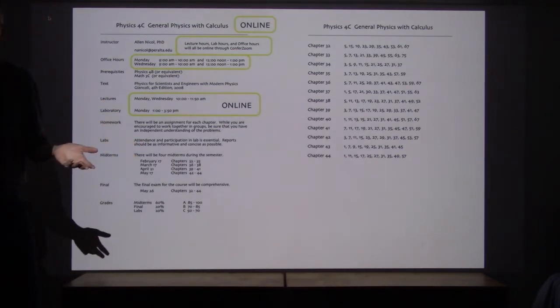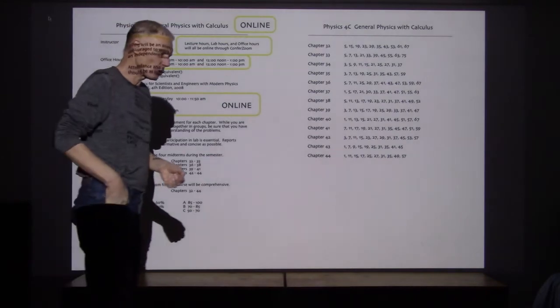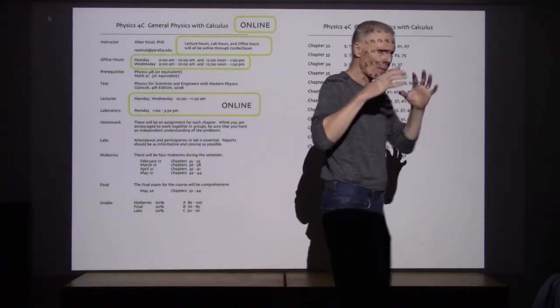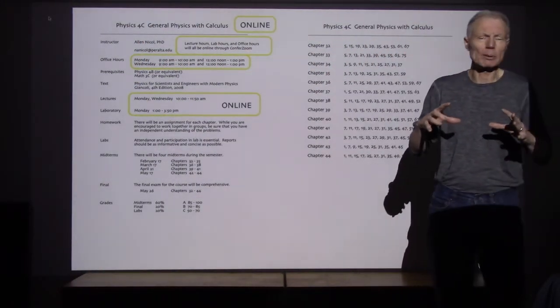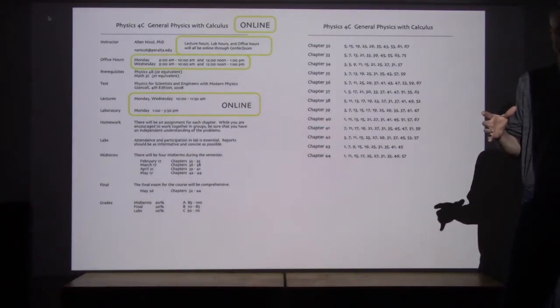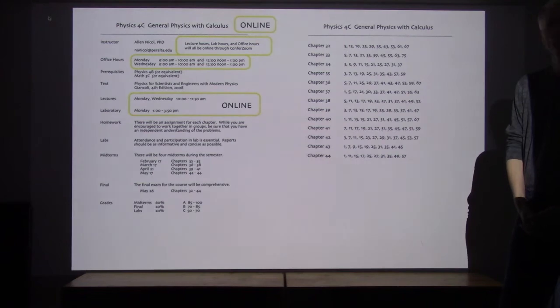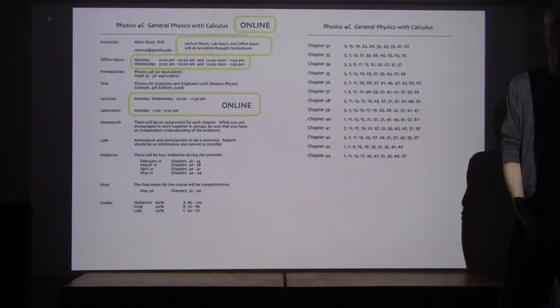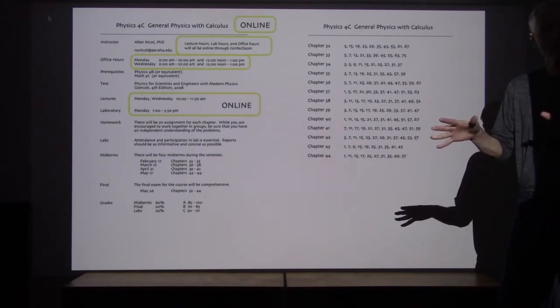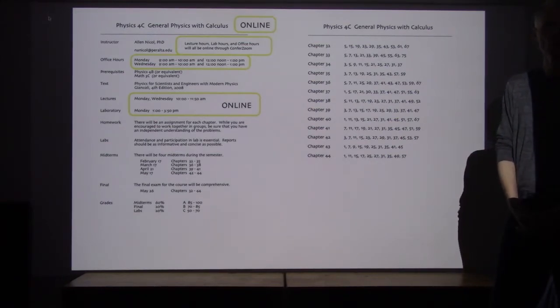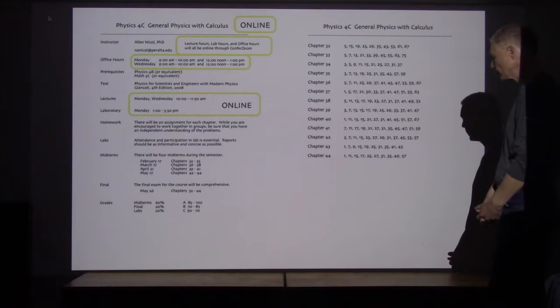And again, you guys are Physics 4C students, so you understand this. It's not so much knowing how to memorize one particular problem as it is understanding the principles of looking at a problem and being able to set up and solve the problems you were given.